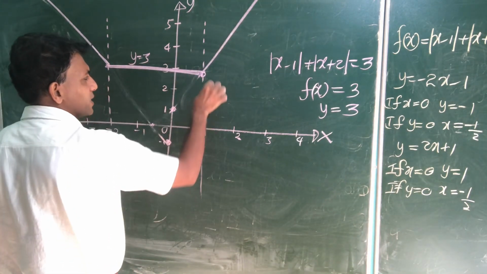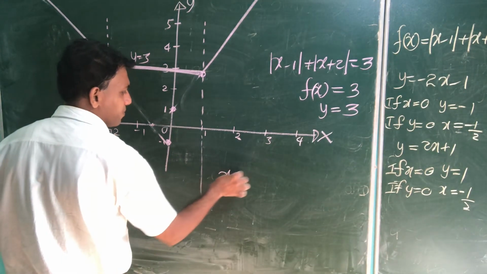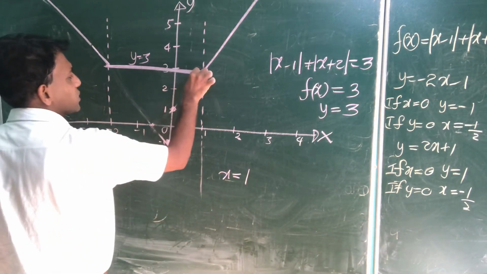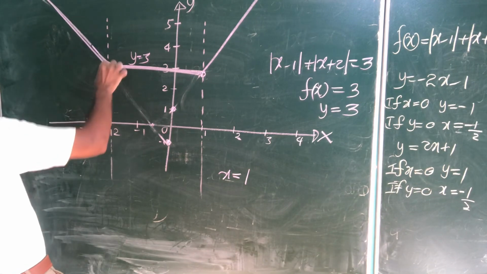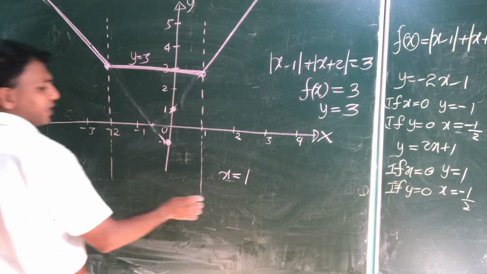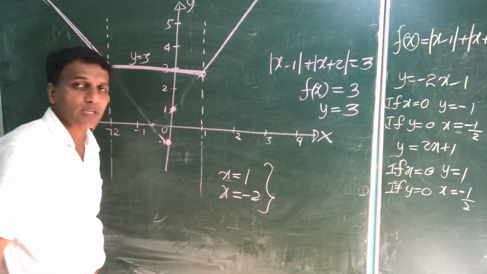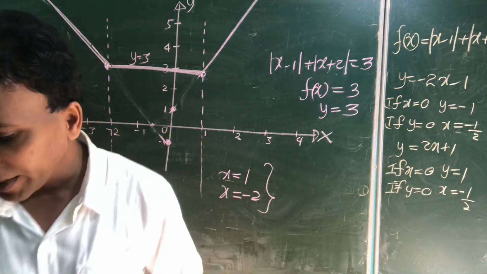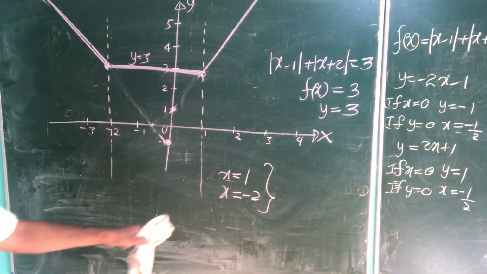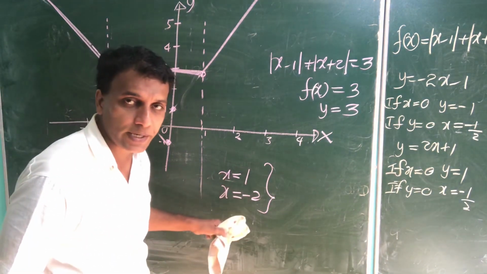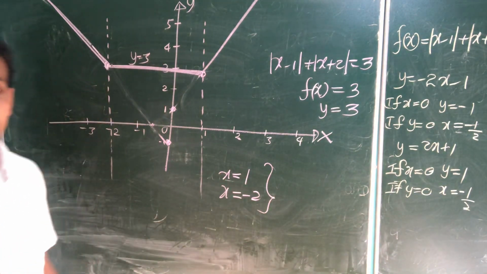So solutions: x equals 1, this is y equals 3, touches the previous function here. So what is the x value? Okay, simple question. If you work many modulus equations and modulus inequalities, the solutions are x equals 1 and x equals minus 2, right?